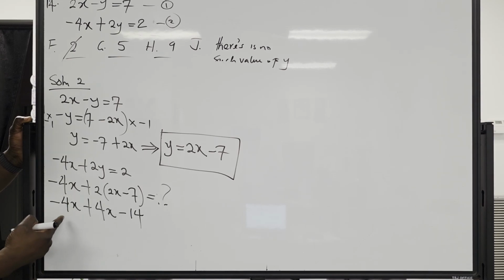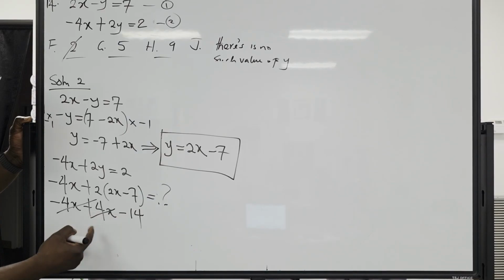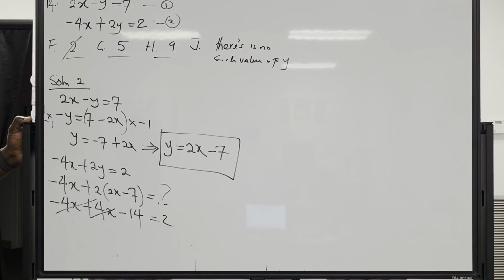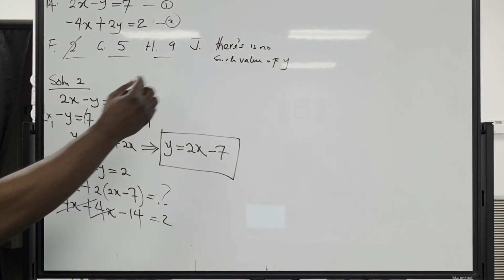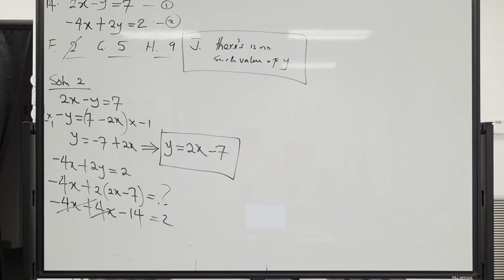So minus 4x plus 4x is 0, and we now have minus 14. And it's not equal to 2, right? So this does not make any sense. So there is no such value of y. That is the answer to this question 14. There's no such value of y. So let's go to the next question.